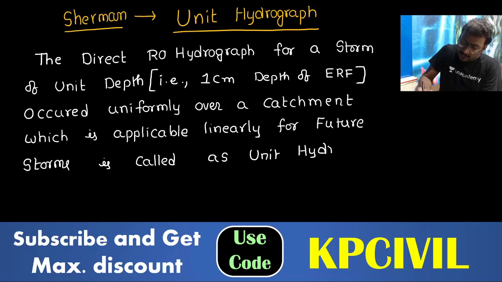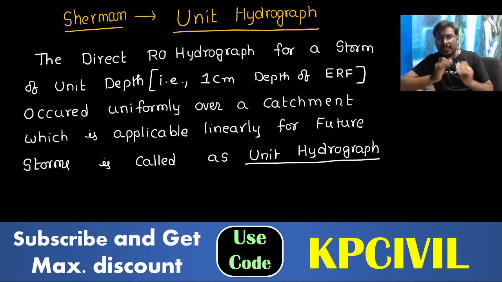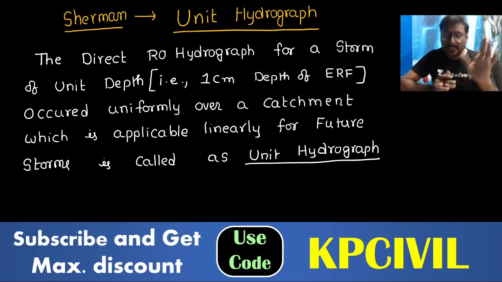Unit hydrograph. This is the definition for unit hydrograph. Direct runoff hydrograph, storm of 1 centimeter depth.